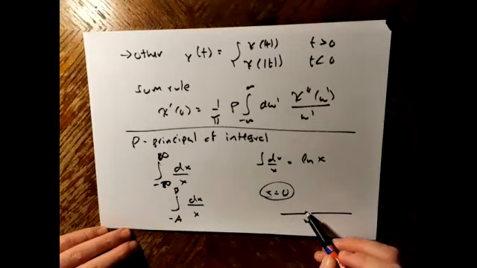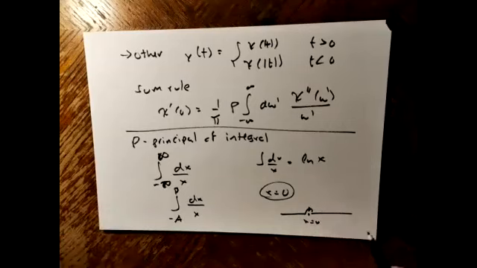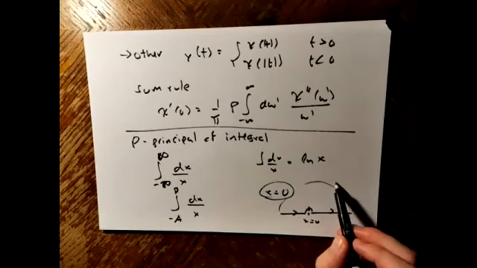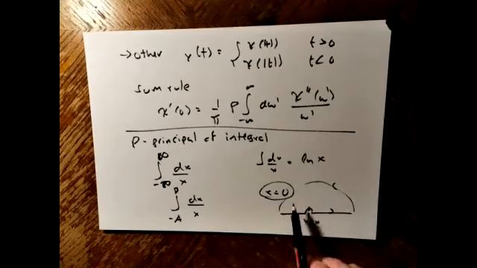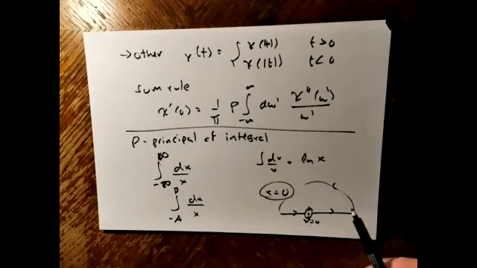You exclude that singularity and you go around it, and then you get half a residue. If you close this contour on the upper half plane, there is no singularity inside your contour, but you could also go around like this, and then you are including the singularity.